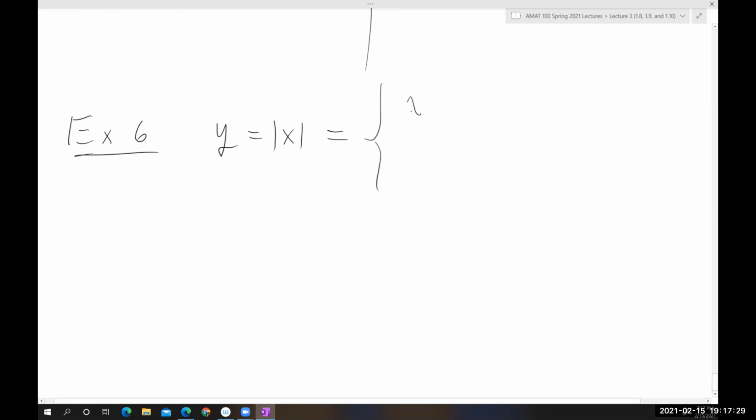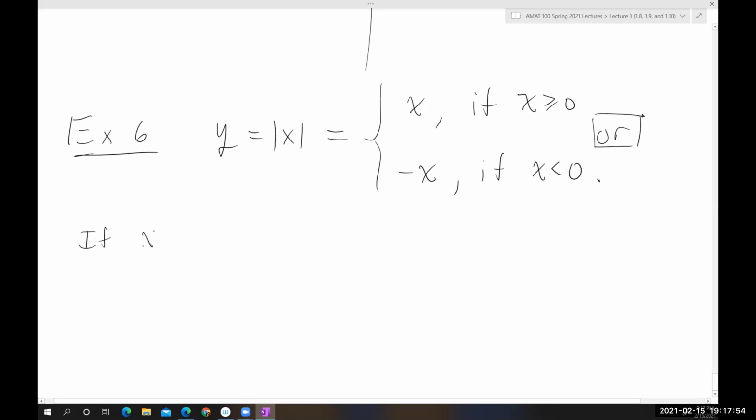It's equal to x if x is positive, or, so there's some sort of union going on, it's equal to negative x if x is less than or equal to 0. Because we have this or, we have these two cases.